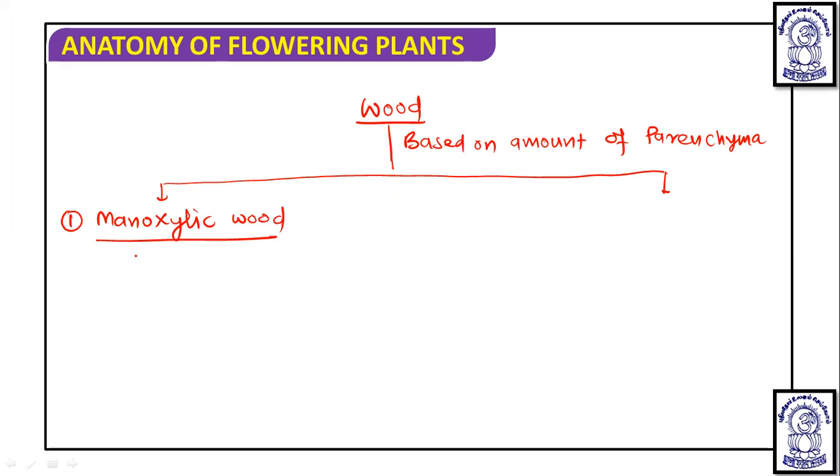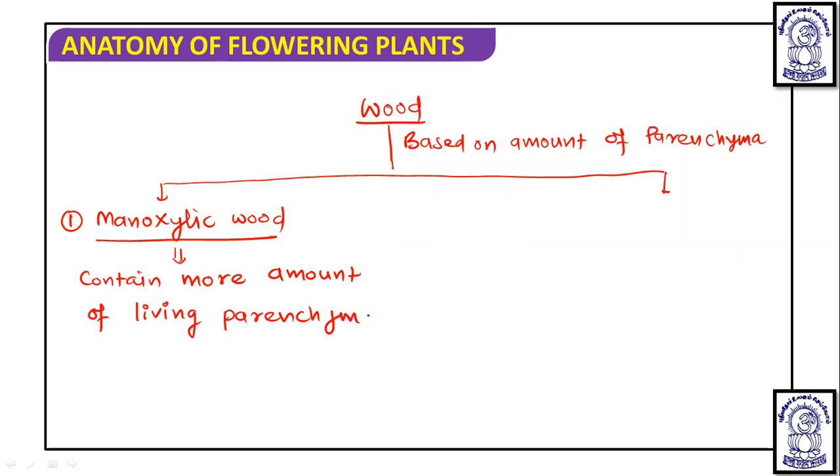Monoxylic wood contains more amount of living parenchyma, and due to this, it is somewhat loose wood.